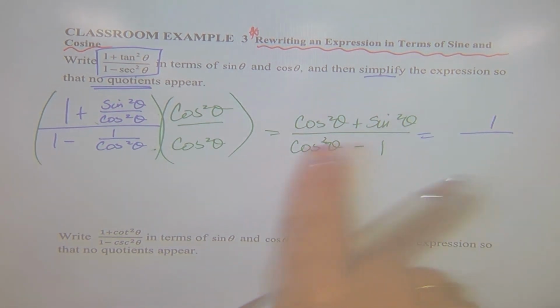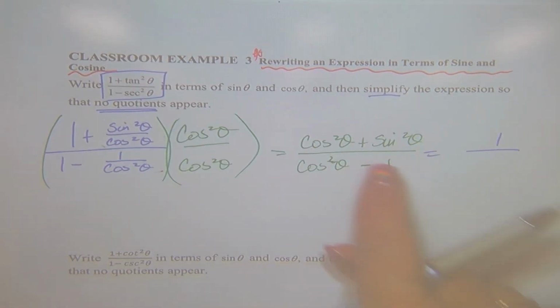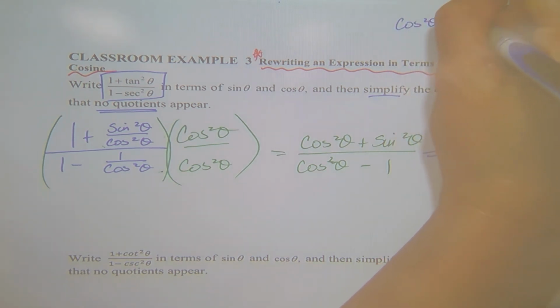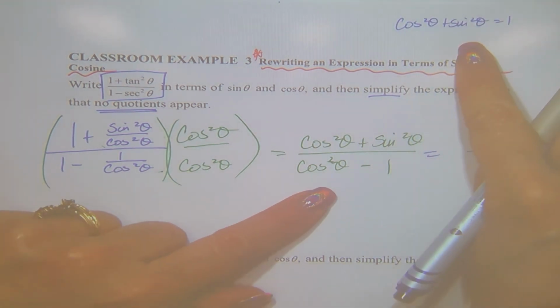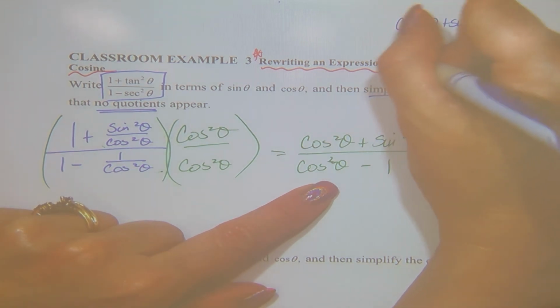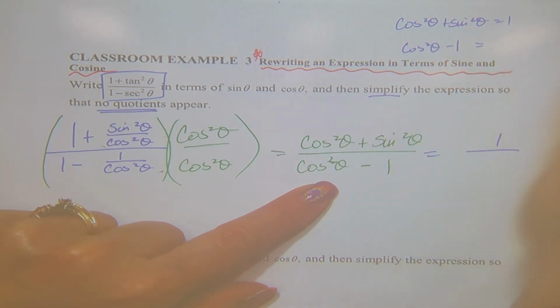And my denominator, cosine square theta minus 1, think about that main Pythagorean identity that we just used in the numerator. Cosine square theta plus sine square theta equals 1. How does this relate to this? Well, if I move the 1 over, cosine square theta minus 1 is going to be equal to, move that over, negative sine square theta.